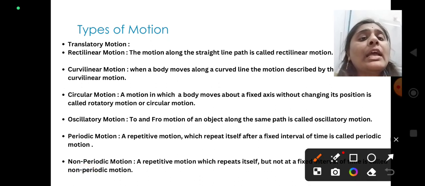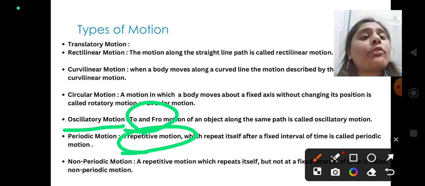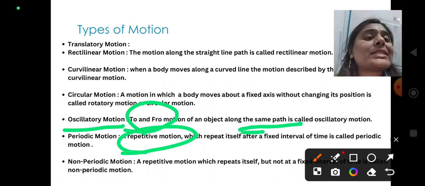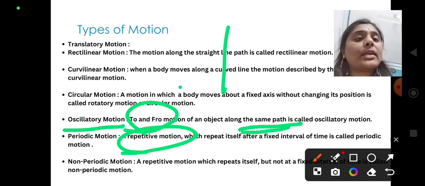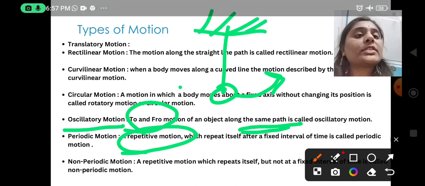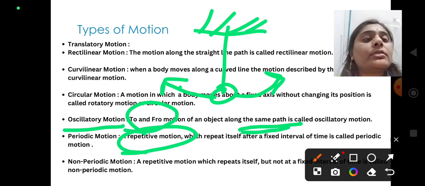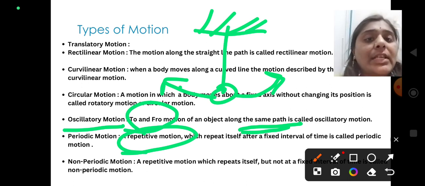In periodic motion, repetitive motion is there. In oscillatory motion also, to and fro motion is repetitive motion, but this is along the same path, means going and coming. For example, a pendulum fixed at a point goes and comes along the same path. So that is called oscillatory motion.